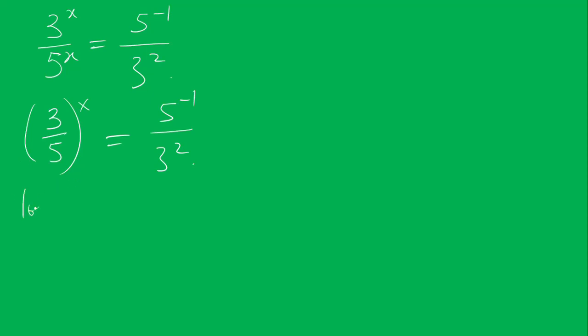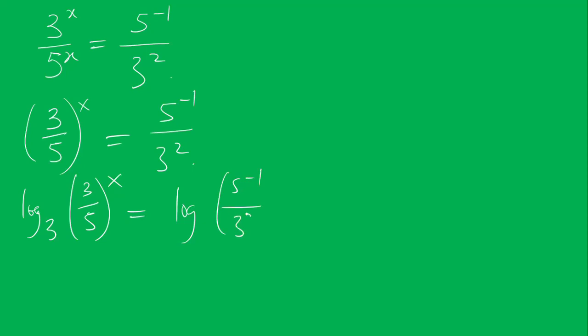So now say log of 3 over 5 to the power of x, base 3, is equal to log of 5 to the power of minus 1 divided by 3 to the power of 2, to base 3.